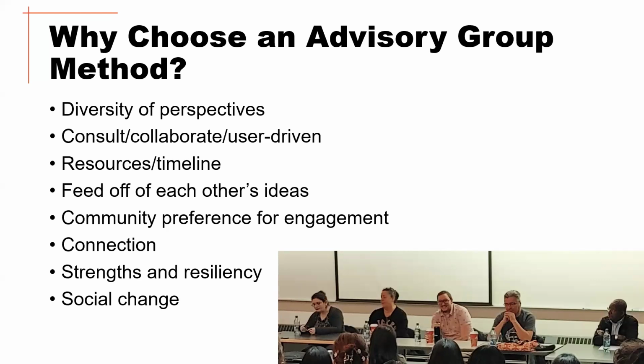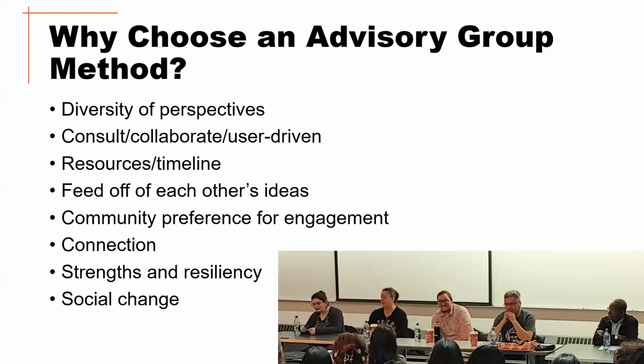When you're thinking about the resources that you have on hand and the timeline that you have, it may suit better an advisory group type of situation. You may really want to create a space where people with lived and living experience can really feed off each other's ideas and grow each other's ideas. Maybe you're thinking about journey mapping together and having that type of participatory approach. So an advisory group would fit really well.